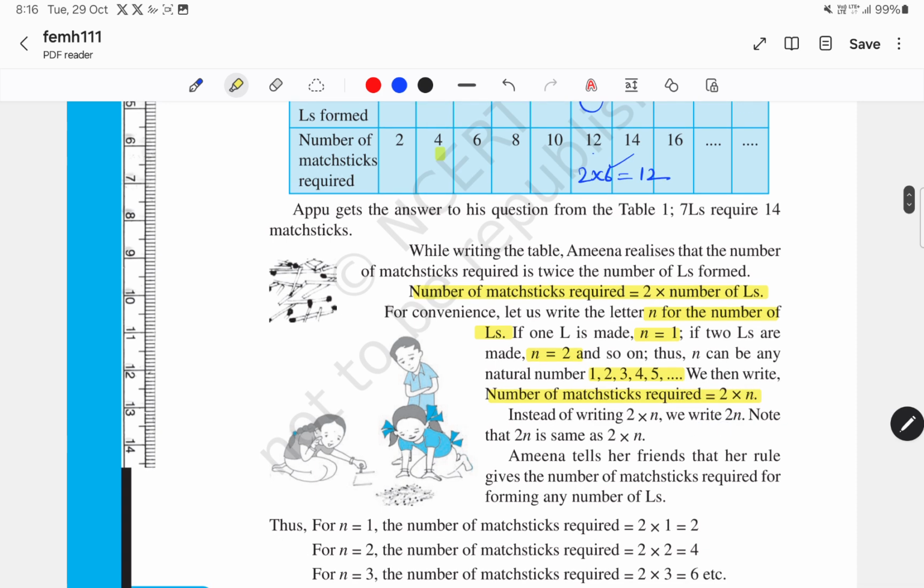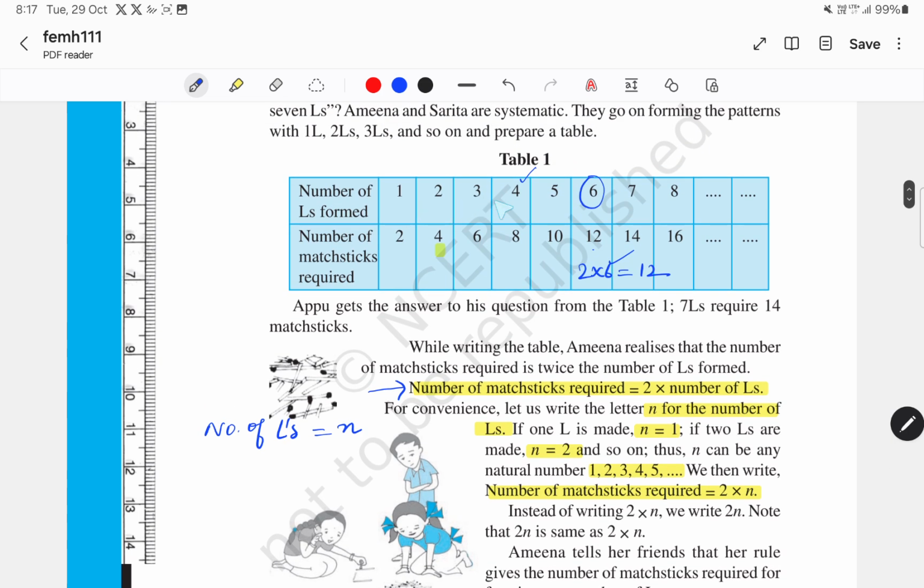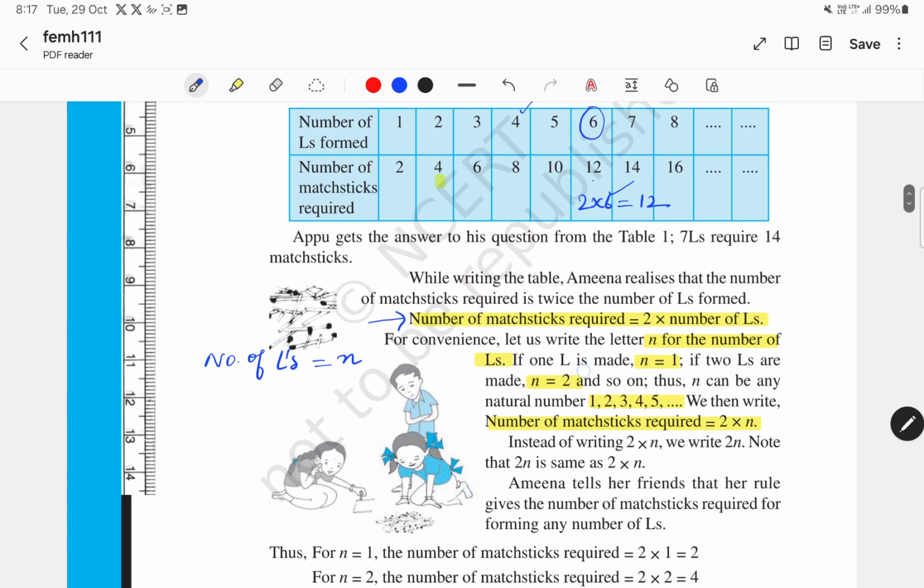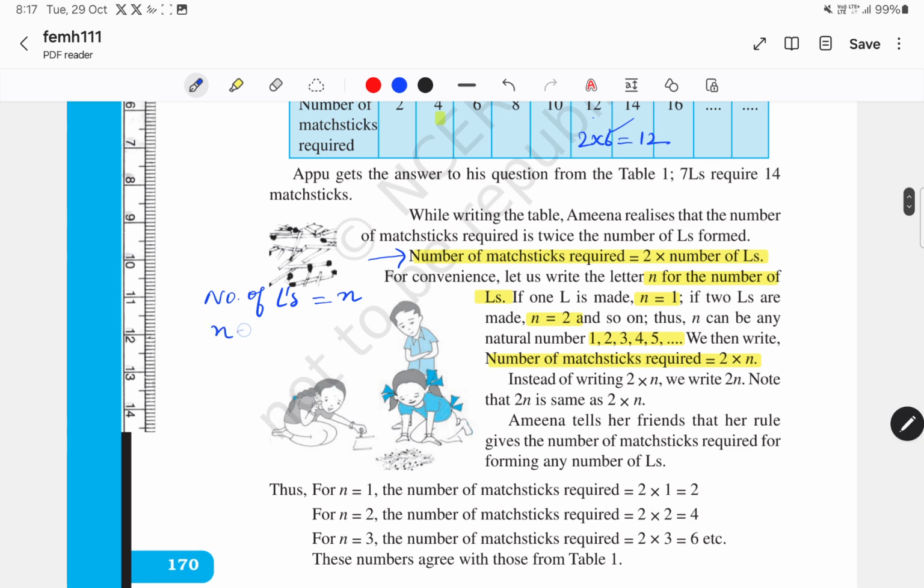Now here is the point. If we write that the number of matchsticks required is equal to 2 times the number of L's, and the number of L's is N, then N is a natural number, for example 1, 2, 3, 4, 5, 6, 7, 8, and so on.